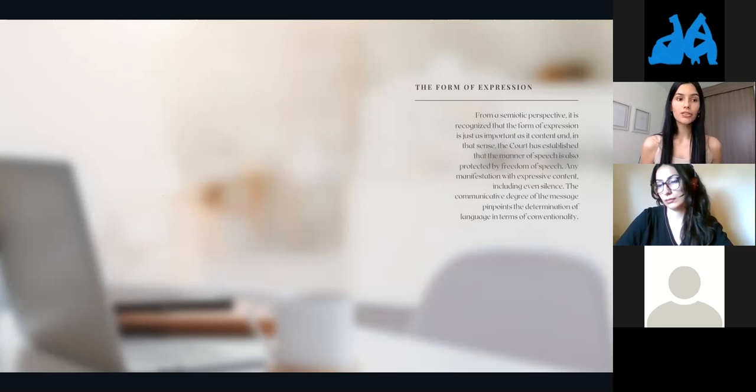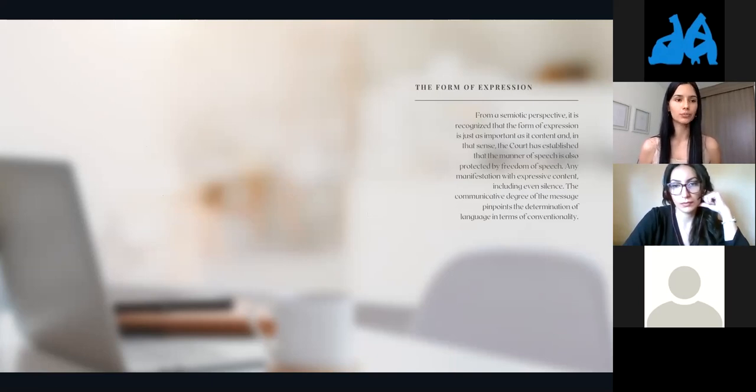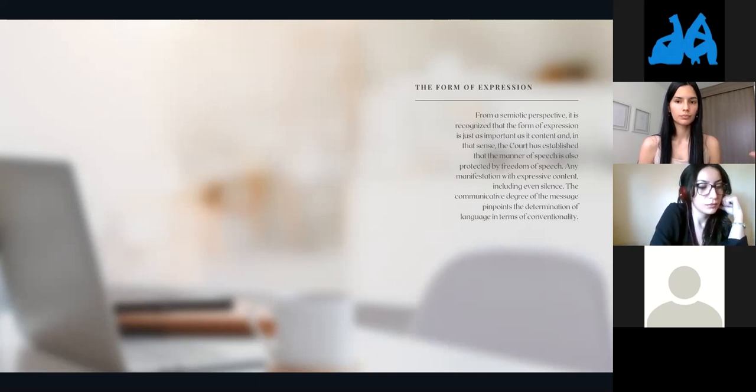Otro de los elementos importantes y donde la semiótica contribuye especialmente al entendimiento de este fenómeno es la forma de expresión. Another element that is relevant to this issue, and particularly to semiotics, is the form of expression that is also protected. Ya que la semiótica resalta la importancia de las formas para el análisis y la interpretación de sus contenidos. Semiotics studies, and very much so, the form of the expression as well as its content.